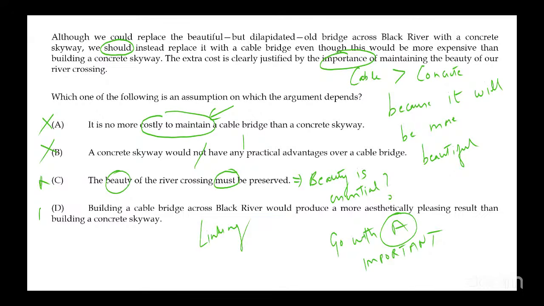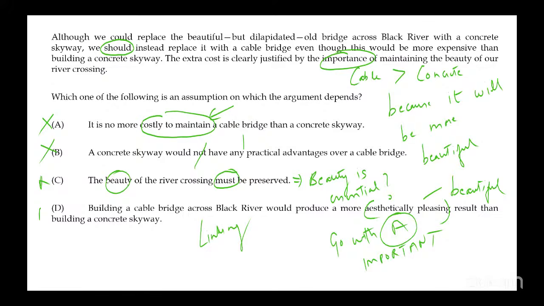Building a cable bridge across Black River would produce a more aesthetically pleasing result than building a concrete skyway. Aesthetically pleasing is just a fancy way of saying more beautiful. Remember, did you notice the author never said this?